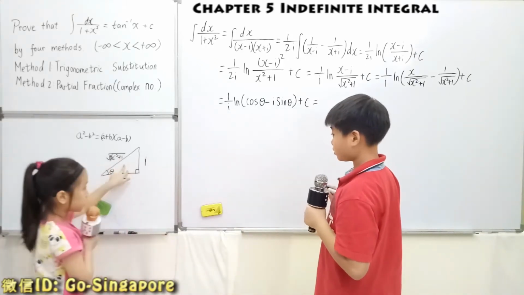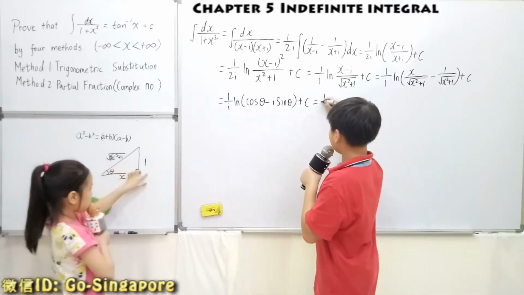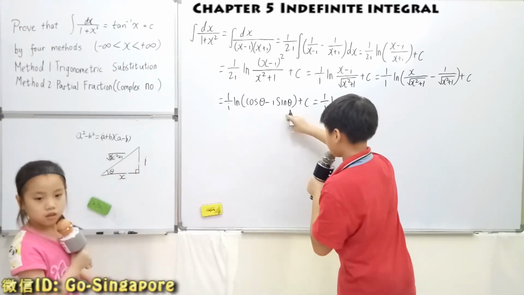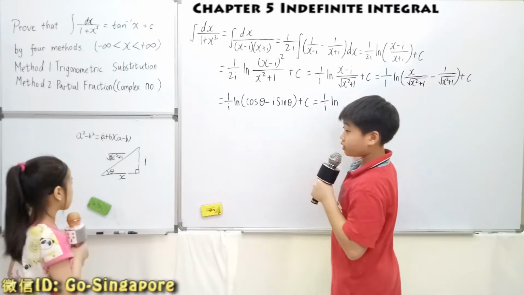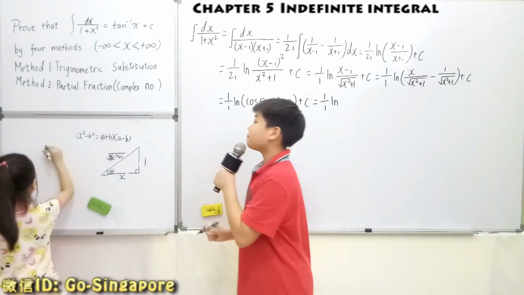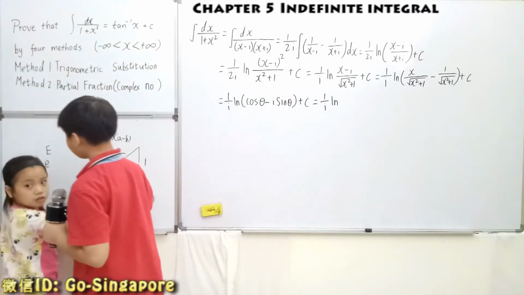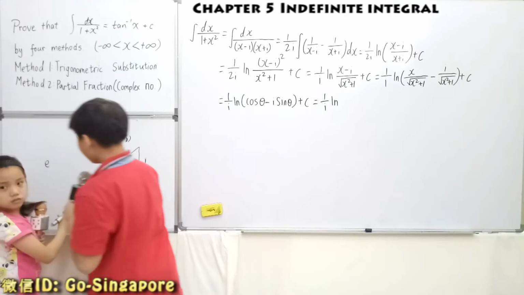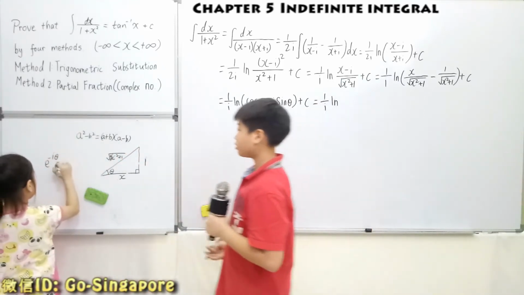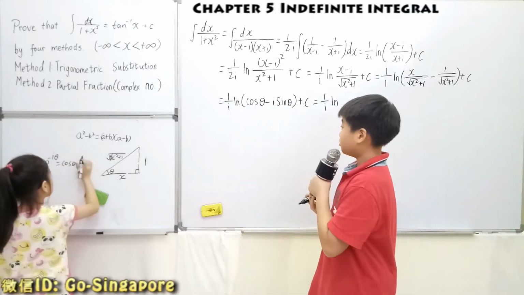Okay, so right now for this inside the ln, what is this? Is it Euler's formula? Yes. e to the power of negative i theta, which is cosine theta minus i sine theta.